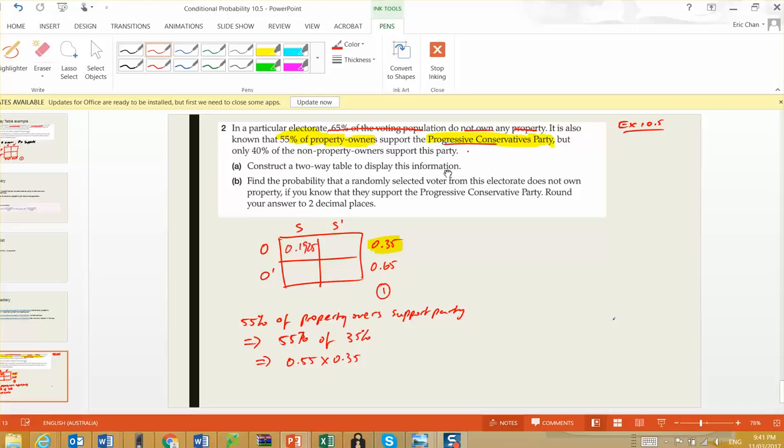Now, the second piece of information we're given is that 40% of non-property owners support this party.